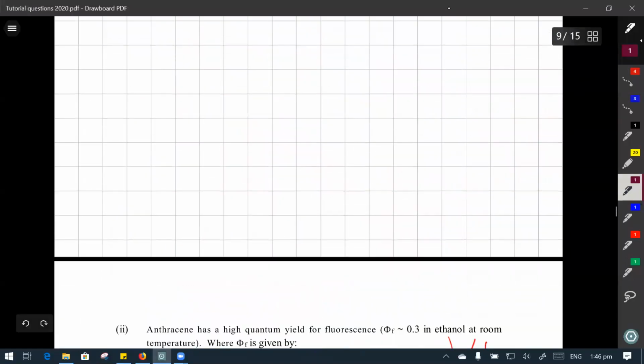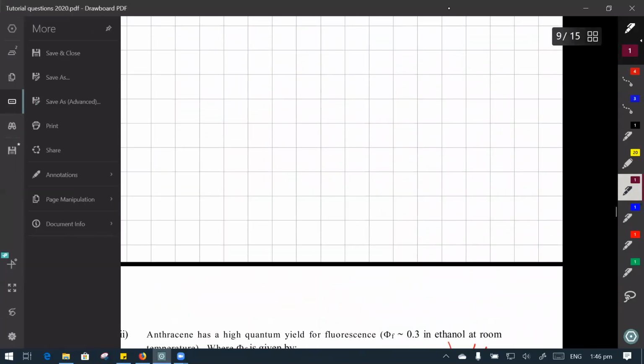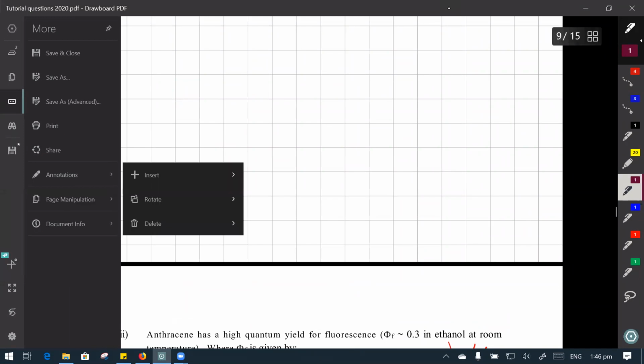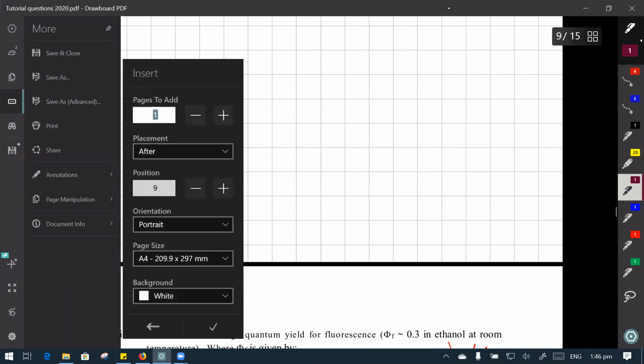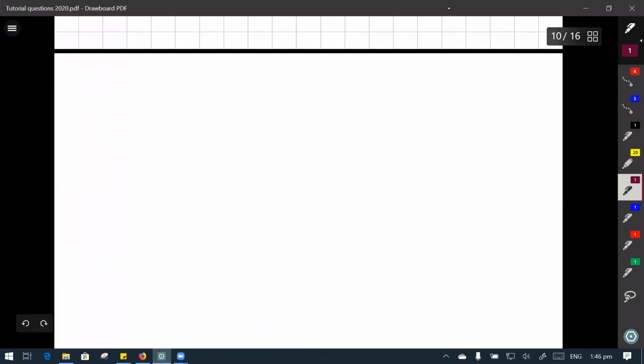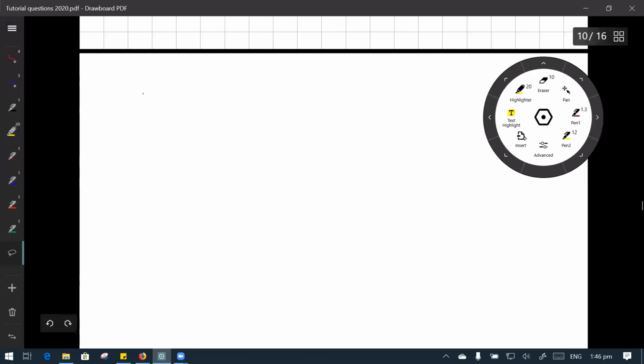Let's give ourselves a wee bit of space, and I'll explain it. If I'm lucky, I should be able to insert this. Hold on, sorry. As I say, it can be a wee bit clumsy sometimes.